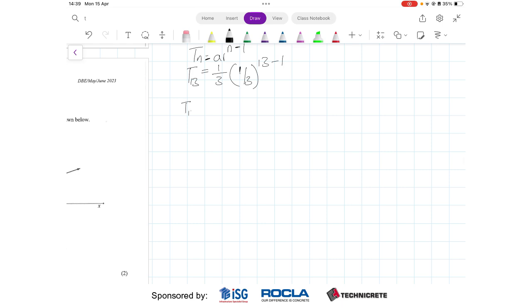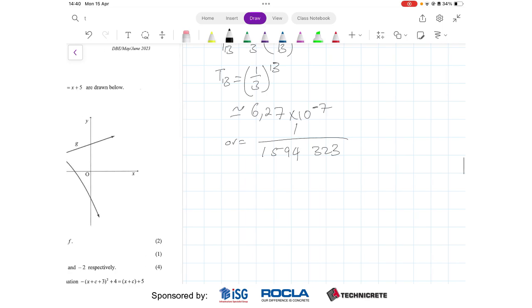That gives you that T13 is equal to 1/3 all to the power of 12, which is approximately 6.27 times 10 to the minus 7, or it is equal to 1 over 1,594,323. Quite the small number.